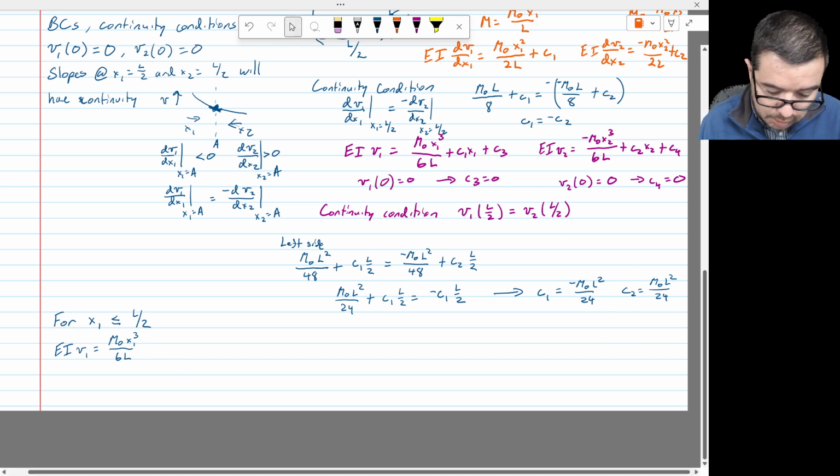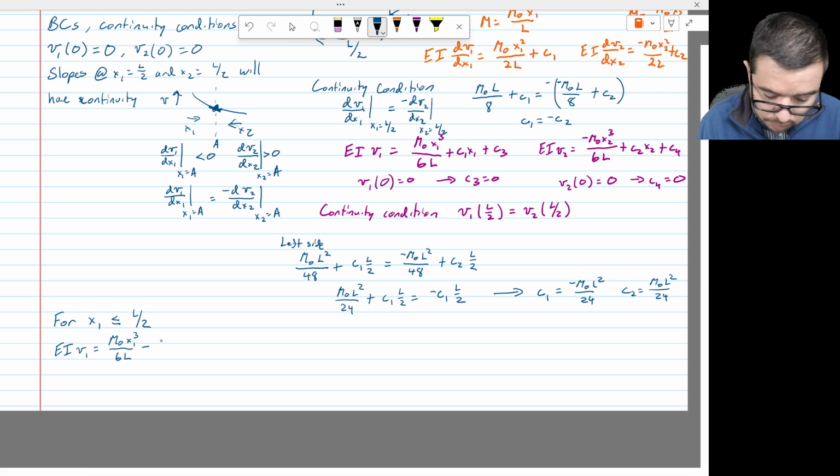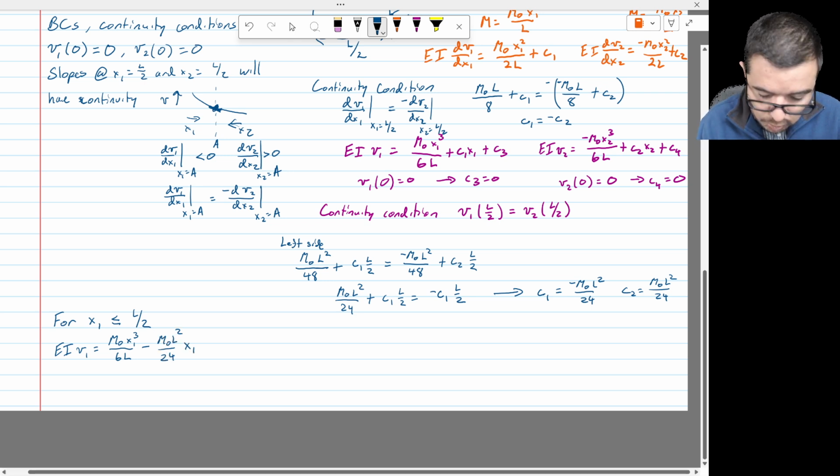So maybe I'll just change that to minus. And we said that C3 is equal to 0.